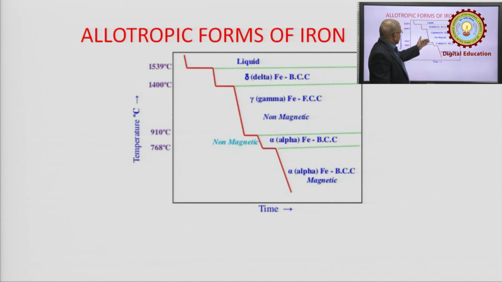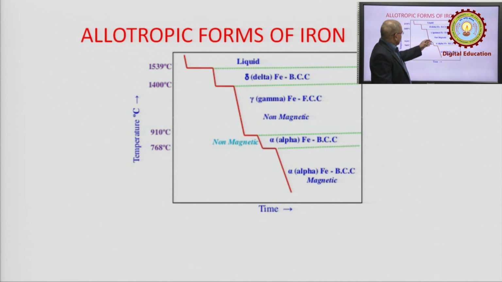When you continue cooling and reach a temperature of 910 degrees centigrade, again an arrest point occurs whereby the heat is being utilized by the material to change structure, and that change is from FCC back to BCC, body centered cubic, which is referred to as alpha iron.